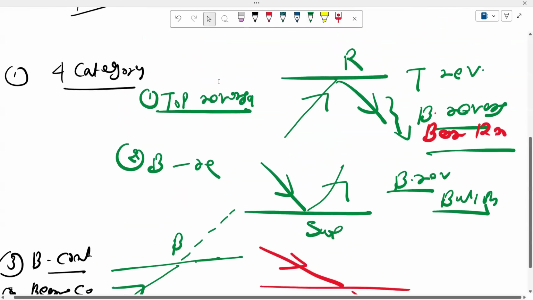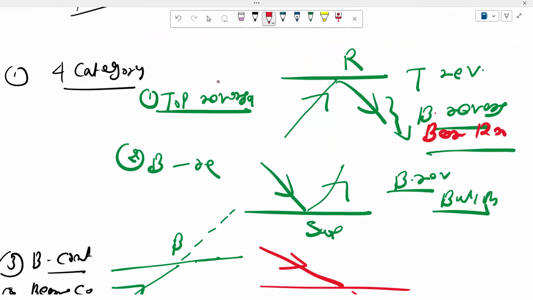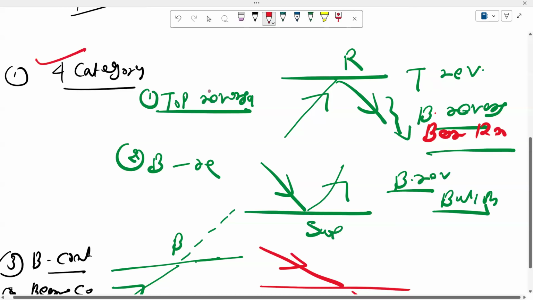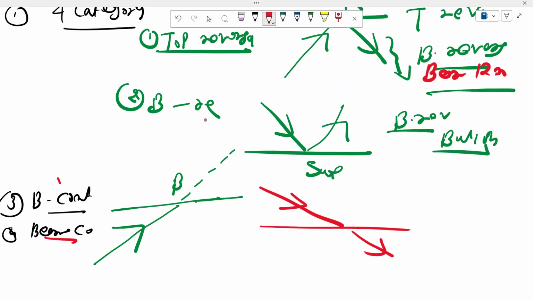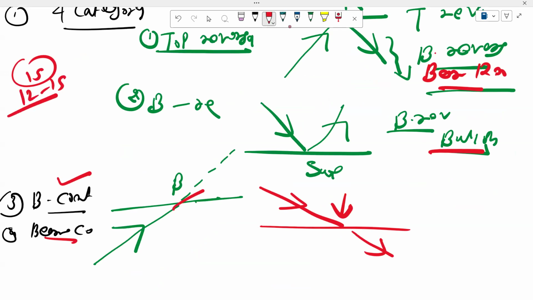So any classic chart pattern, you can classify in these four categories. Either it will be a reversal pattern or a continuation. Either bullish reversal, bearish reversal, bullish continuation, or bearish continuation. We are going to discuss around 12 to 15 classic chart patterns. They will fall in these categories only.